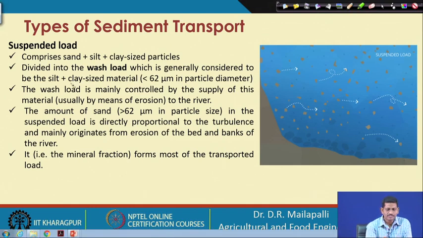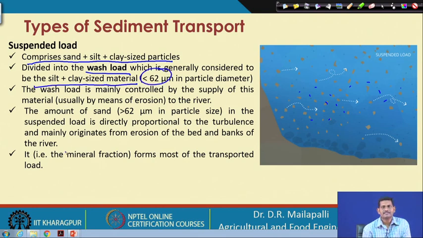So, the suspended load basically comprises of, as I said, sand, silt, clay size particles. So, this is all suspended in water, right, and then it is divided into wash load, which is generally considered to be silt, clay sized particle, which is less than 62 micron or 60 micron in particle diameter. The wash load is mainly controlled by supply of this material.